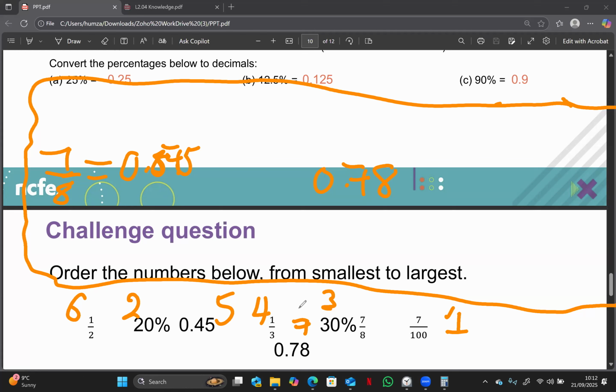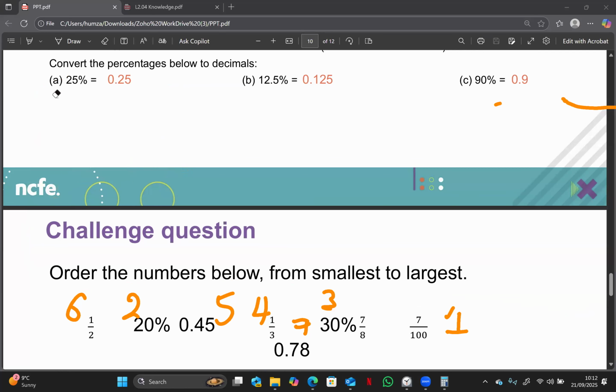And the last one is 0.875. Yes, exactly. So that is the eighth one, which is 7/8.